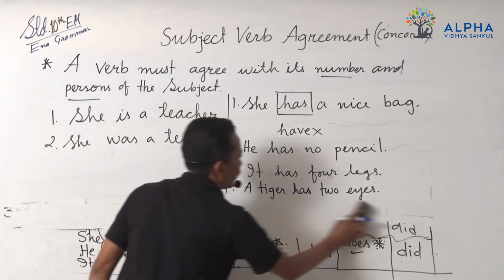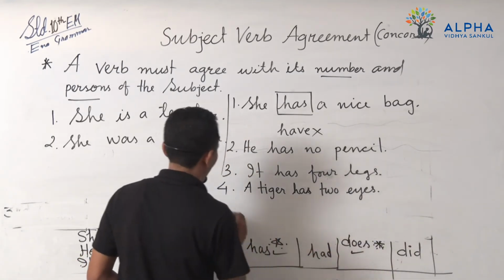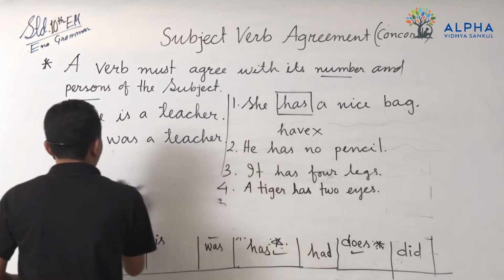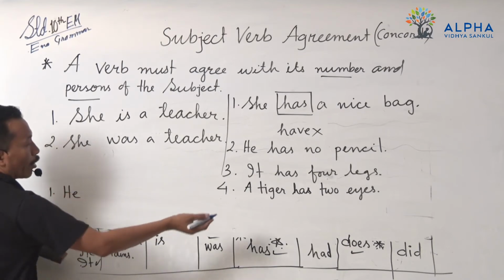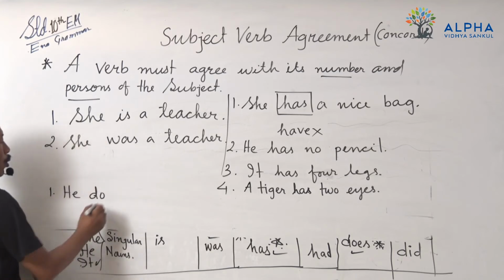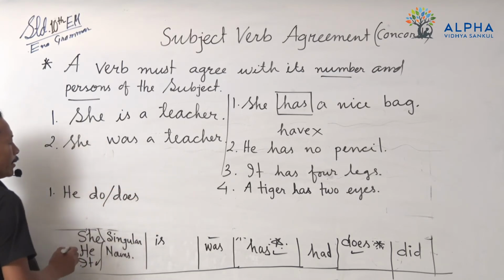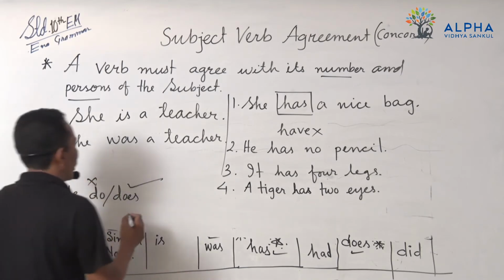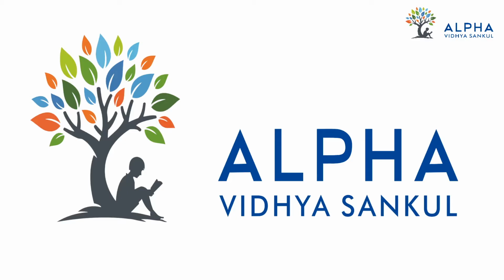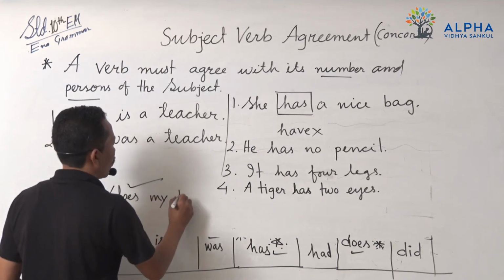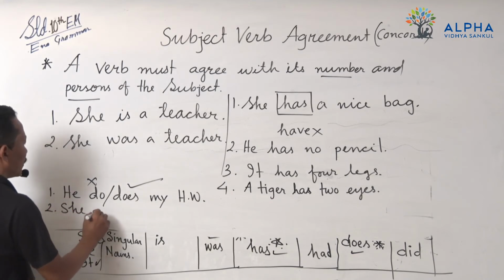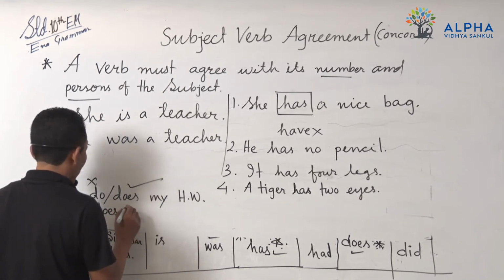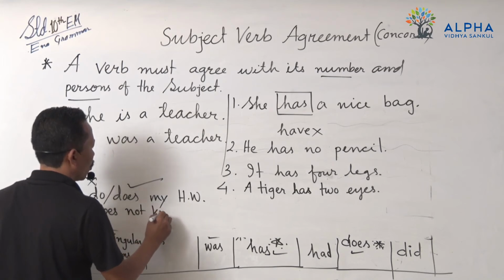And the last one is this. And let me write here, this also. He, we cannot say "he do." It is "he does." The answer is correct, this is wrong. He does my homework. If you say she does not know.